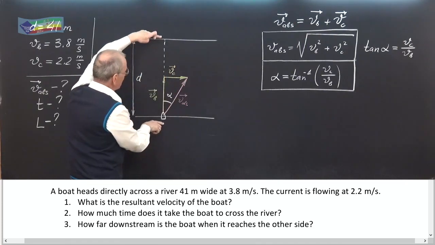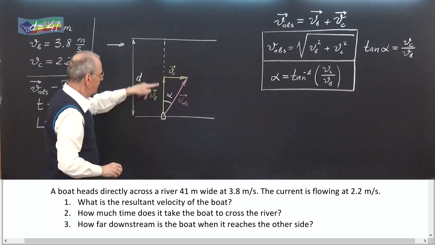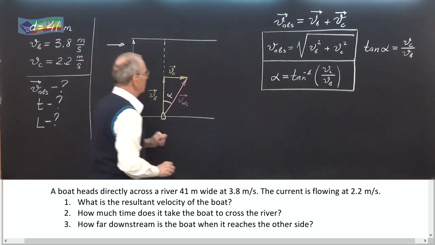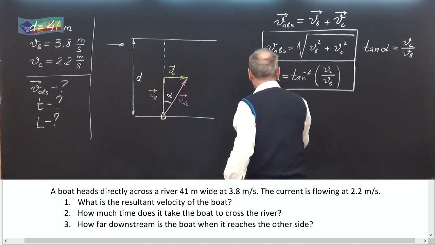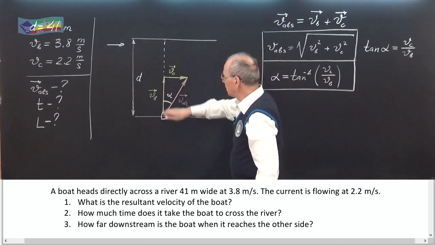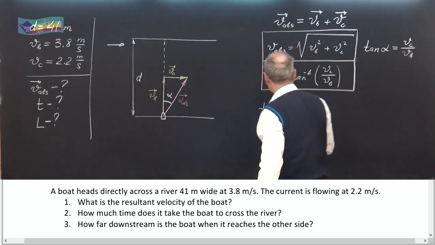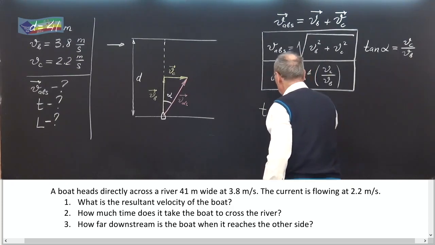The distance is d, the speed is VB, so we can write that time t equals d over VB.